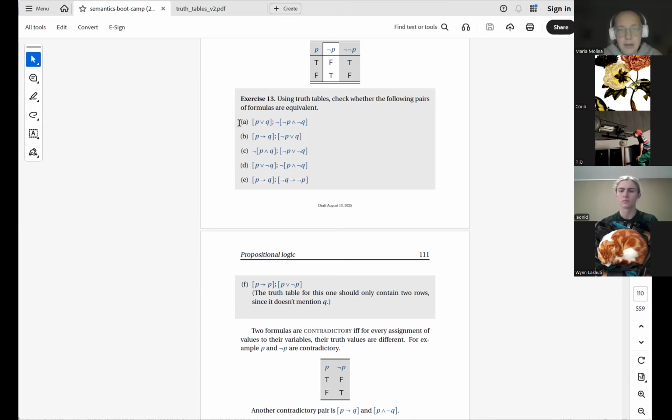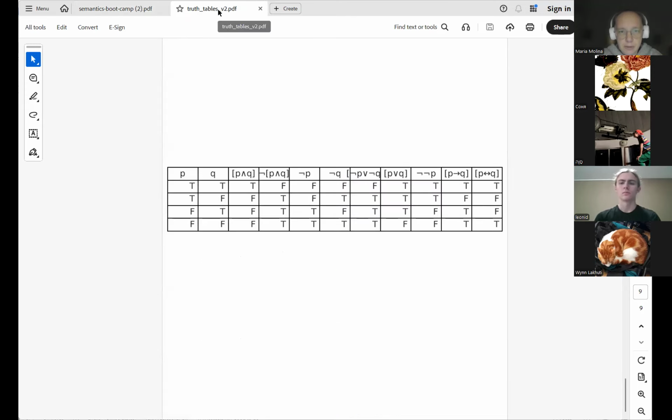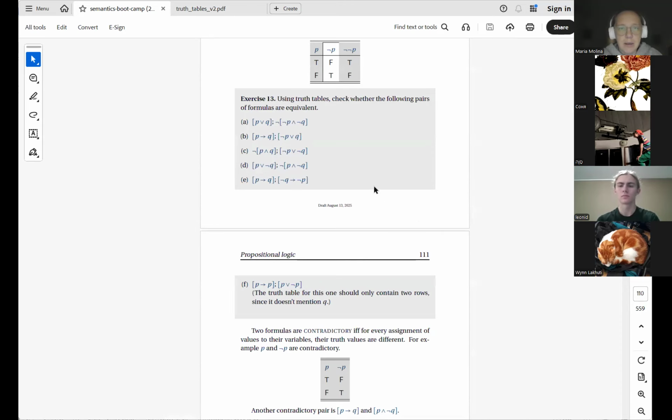Exercise 13. We're looking at the truth tables. Yeah, we have these truth tables. I actually shared this PDF.